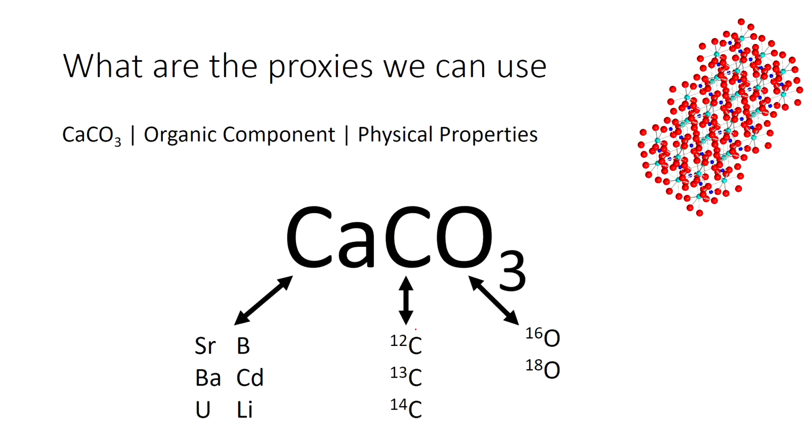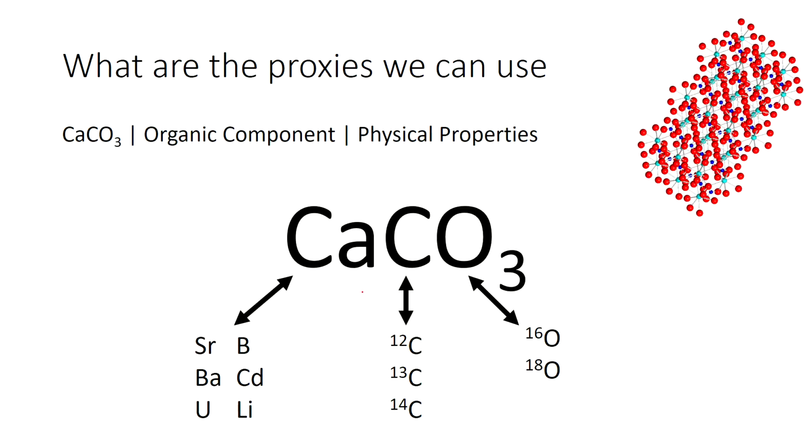So we can get different impurities, and the relative concentrations of those impurities can tell us not only about the abundance of those elements in the environment, but also the environmental conditions in which they were incorporated into the skeleton. We'll have a look at some of that in subsequent videos.